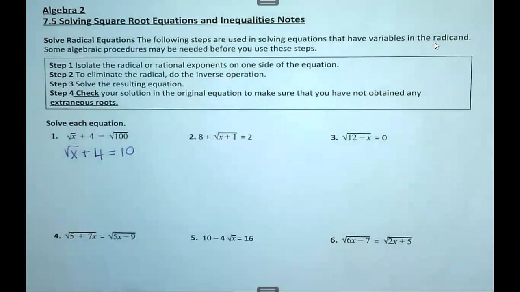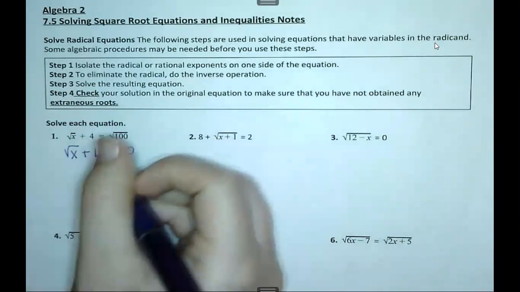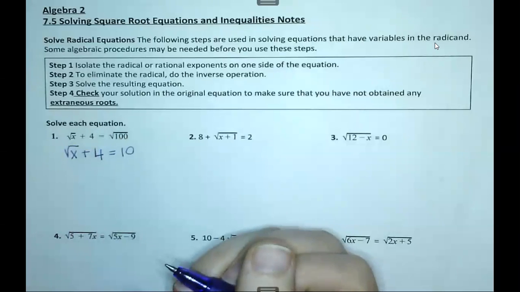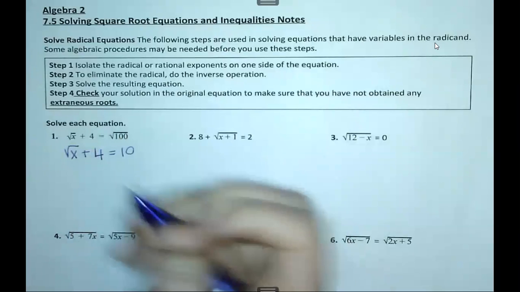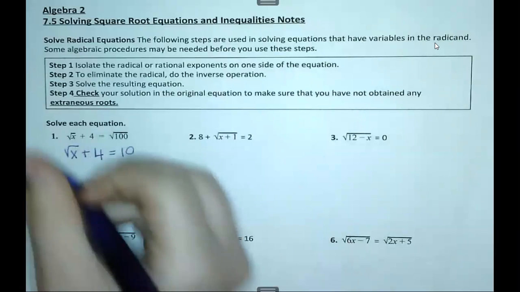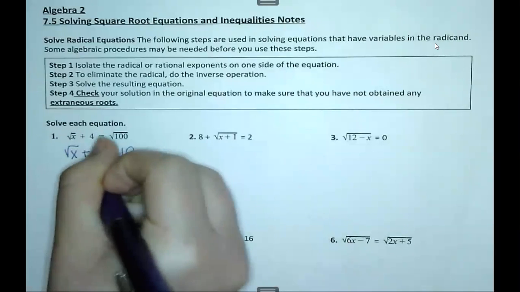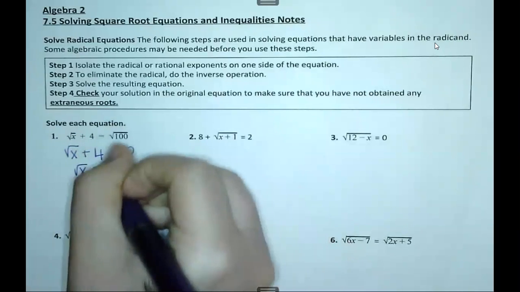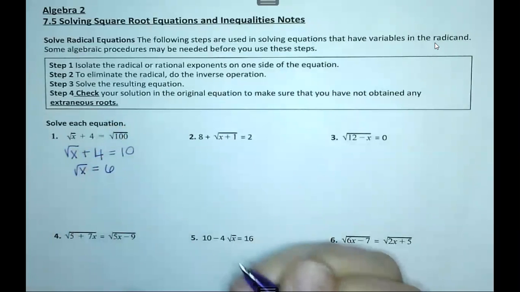All right, we then need to get the square root by itself. That's our step 1, to isolate the radical. So I would need to move the 4 over by subtracting. If I subtract 4 from both sides, I end up with the square root of x equals 10 minus 4, which gives us 6.